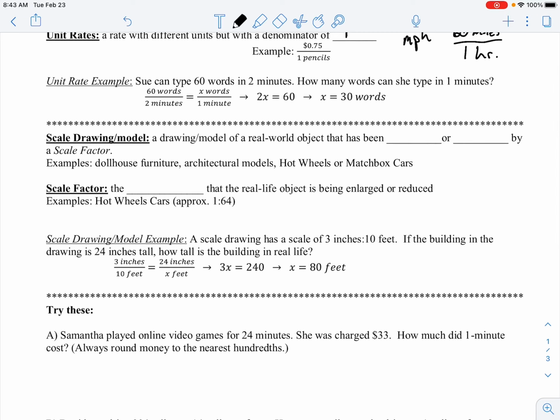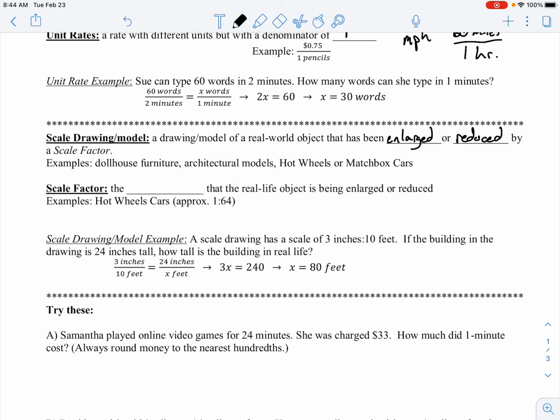Alright, so a scale drawing or model is a drawing or model of a real world object that has been enlarged or reduced by some scale factor. So, some examples here, dollhouse furniture. If you look at a really nice dollhouse that someone makes, everything in there looks realistic. It's just shrunken down by some scale factor.